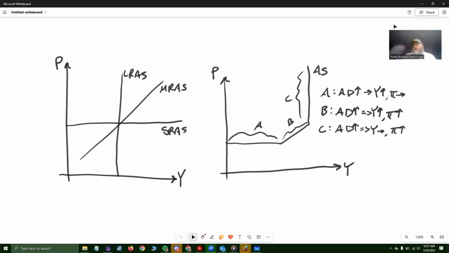And then when we get to the very last part of the course, we get more into economic growth, which will be very much informed by some of the stuff we're doing now, but is definitely a different level of analysis, a different set of questions ultimately, and so therefore different models.